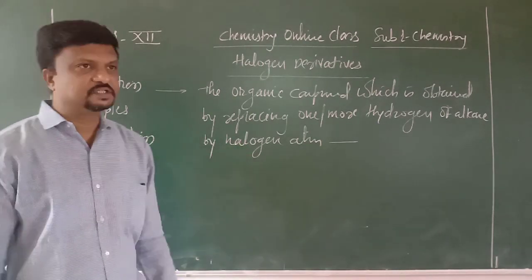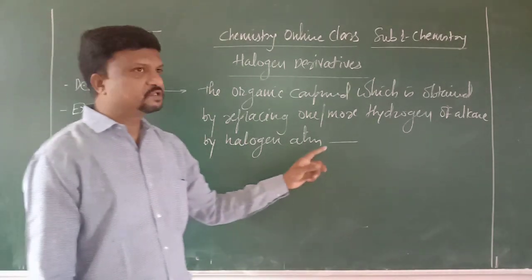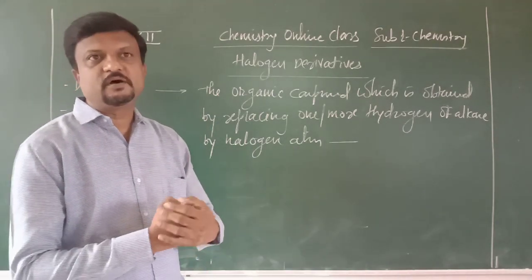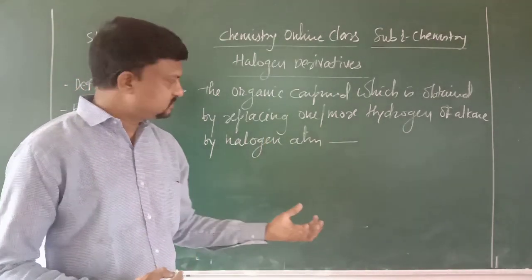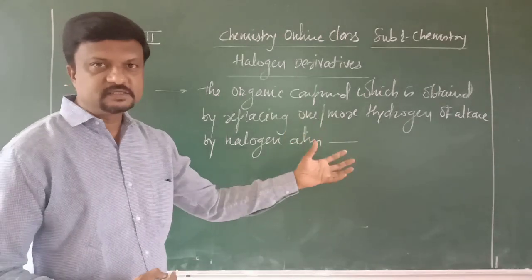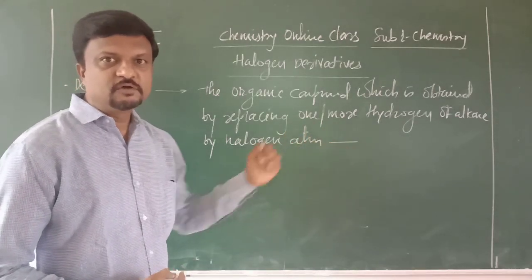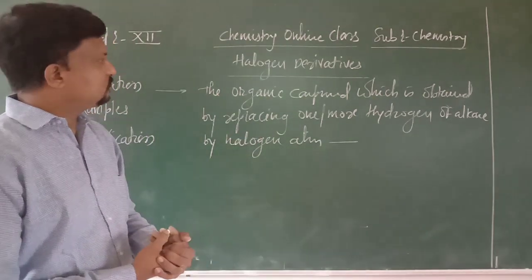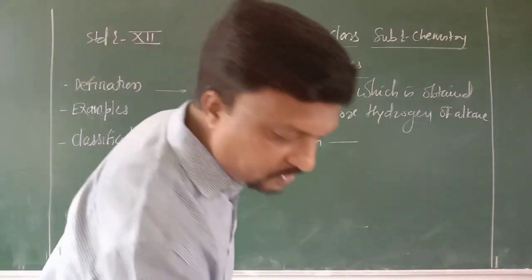So this is the definition. The organic compound which is obtained by replacing one or more hydrogen atoms of alkane or arenes, depending upon the nature of the compound that we are to form, by halogen atom, that compound is known as a halogen derivative.